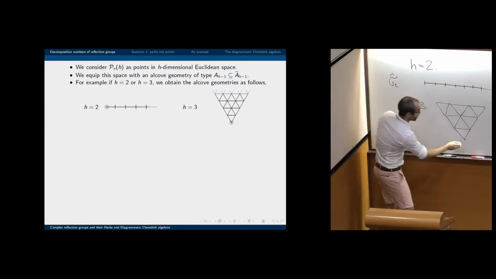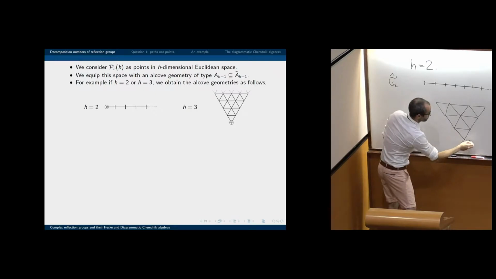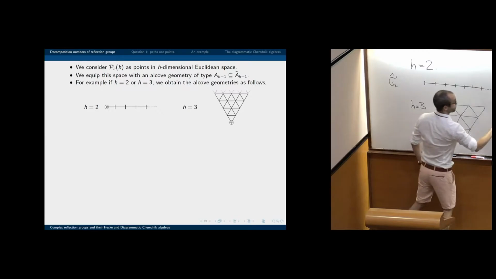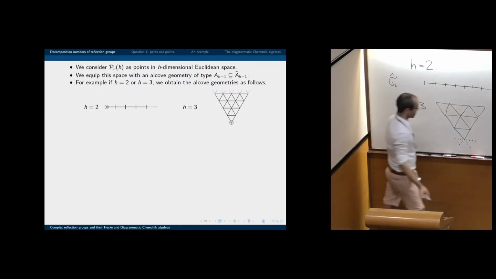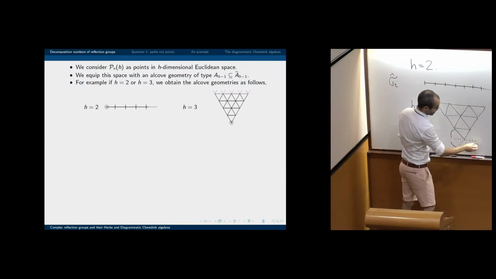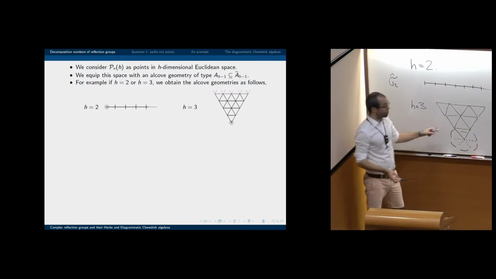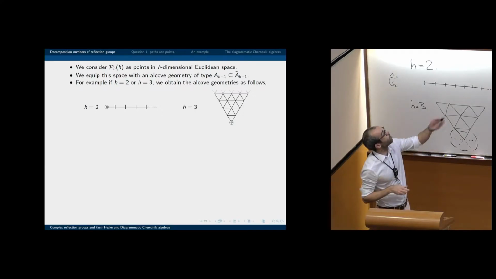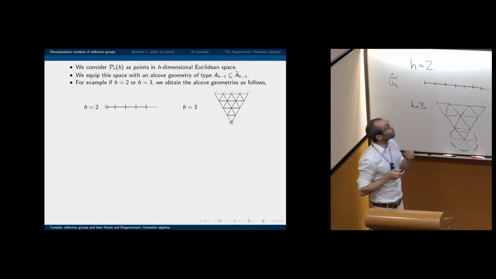And here, I could carry on in all directions, and that would give me S3. But I've quotiented out, so I've considered 1/6 of this region, 6 regions, and I've considered only 1/6, which is the size of S3, and that's where the parabolic part comes in.